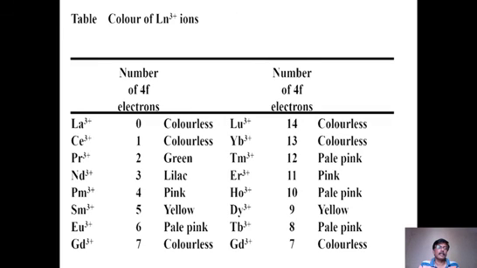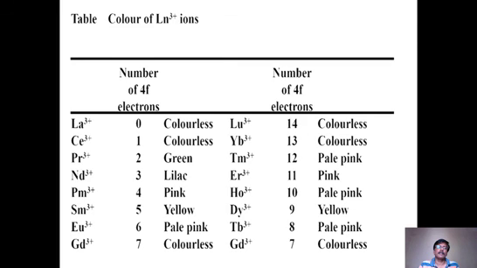Cerium plus 3, one electron is there, so it is having color, but that color will jump from one to another. But in most cases it looks colorless, because that one electron, instead of f-f transitions, will go to some 5d orbital and so on. So sometimes that may not give you color, whereas magnetic property is applicable.